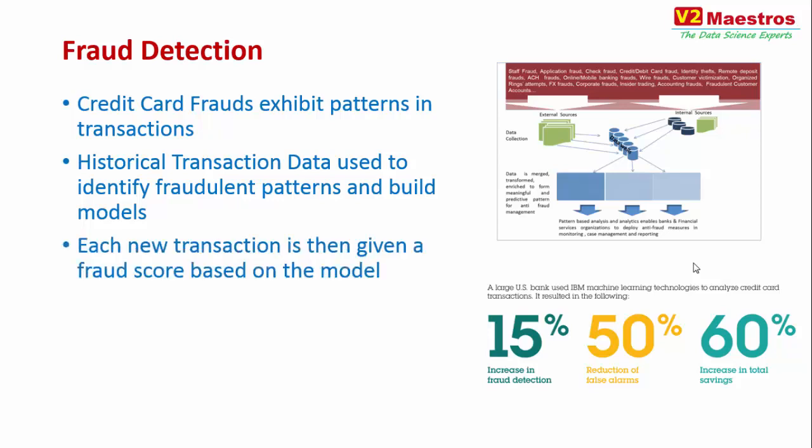Whenever a new transaction occurs, it is immediately evaluated by computers using the model to come up with a fraud score. A fraud score tells you whether a particular transaction is fraudulent or not. It is a score maybe from 1 to 100, and whenever that score crosses a specific threshold, it is immediately flagged as a possible fraudulent transaction.